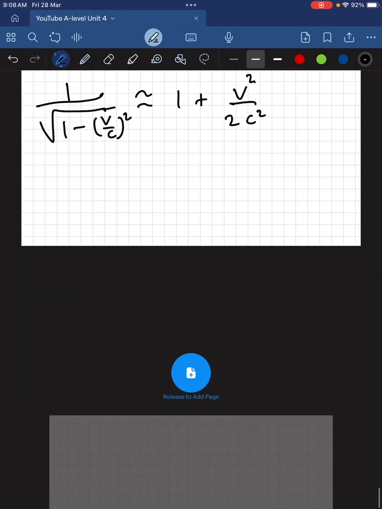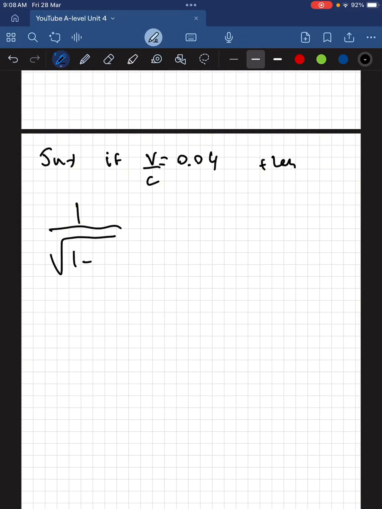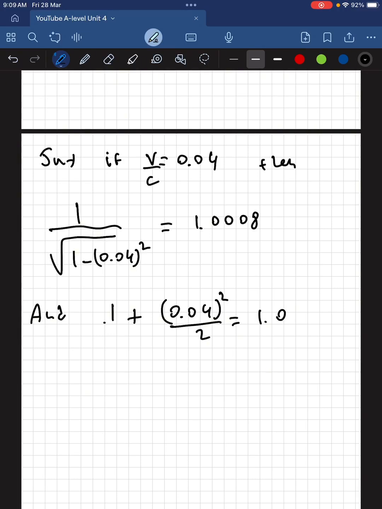I'm not going to prove this, but let's do one simple calculation. Say v over c is 0.04, then 1 over the square root of 1 minus 0.04 squared is 1.0008, and 1 plus 0.04 squared over 2 is also 1.0008. It's not a mathematical proof, but you can see how this works.